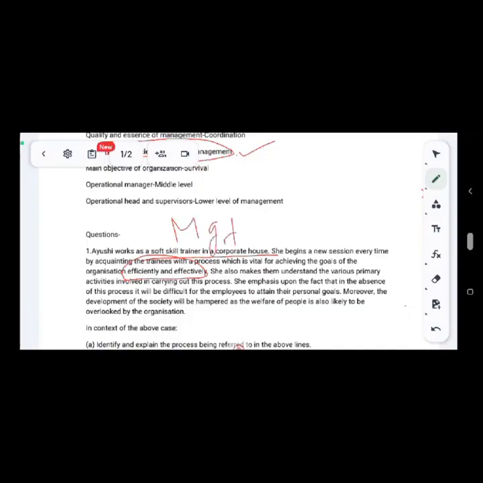The primary activities in management are POSDC: planning, organizing, staffing, directing, and controlling. The question is to identify and explain the process being referred to, and the process being referred to here is management.